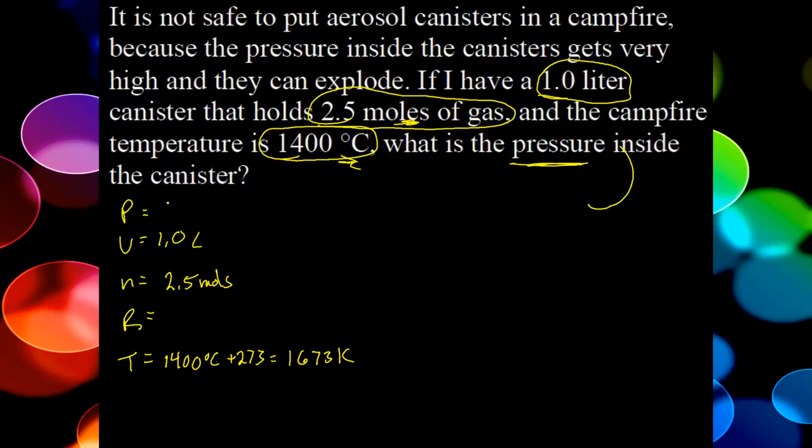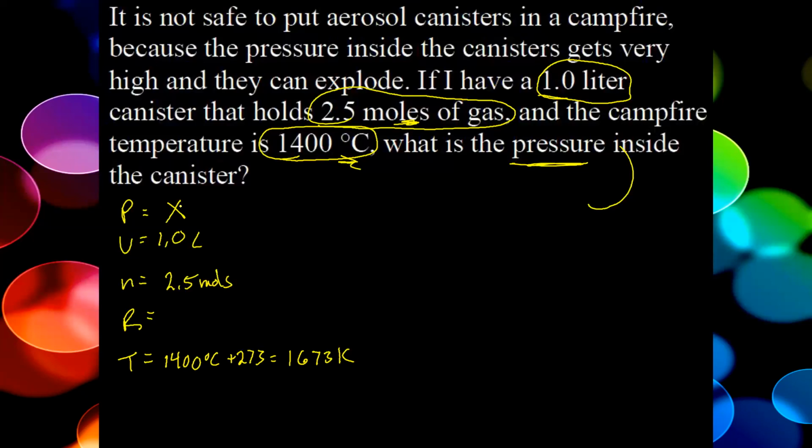Now I am asked what the pressure is, so there's my X, because I only have 4 variables, but I need to pick my R. So flip back to the front where I put the R's. I need an R that has liters and moles and kelvins in it, because that's what I'm seeing in my list here. Well, don't they all have liters and kelvins and moles in it? So which R do I pick? It doesn't matter.